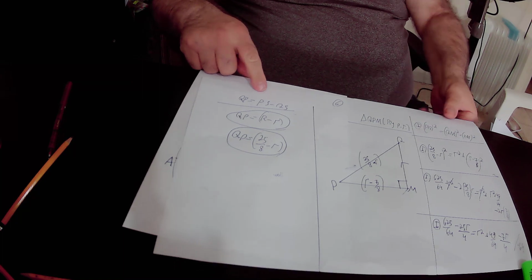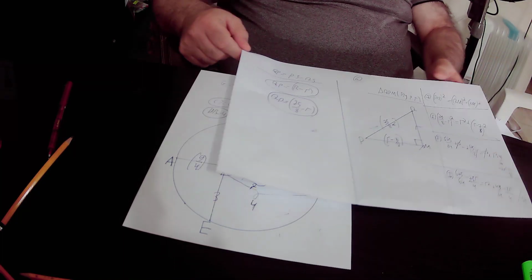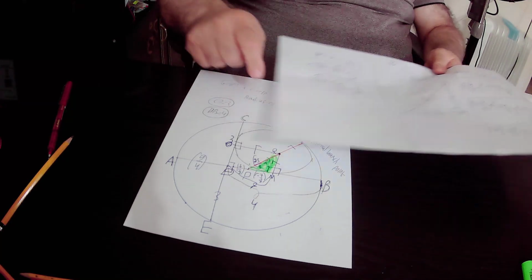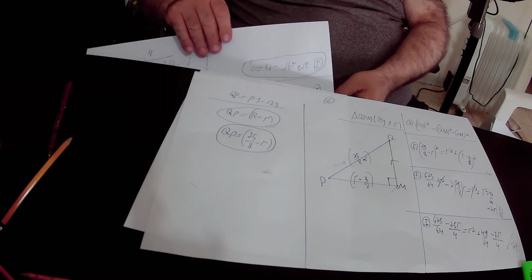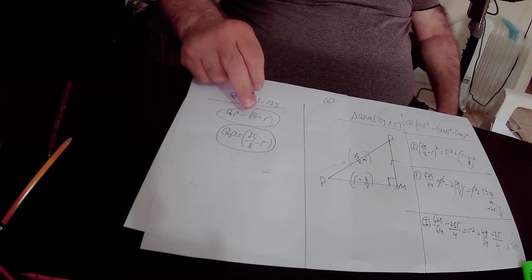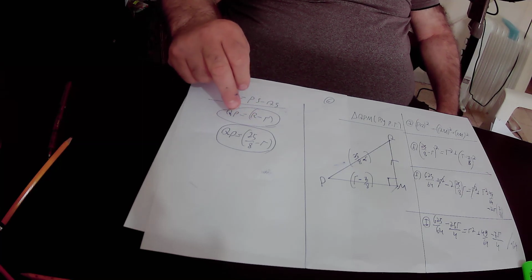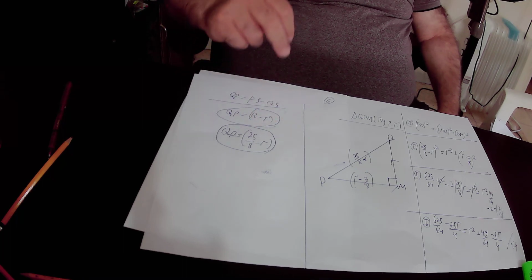So QP equals PS, PS is capital R, minus QS, that is small r. So in conclusion, we found out that QP equals capital R minus small r. Capital R is 25/8, so we substitute capital R by 25/8, and we found out that QP equals 25/8 minus small r.